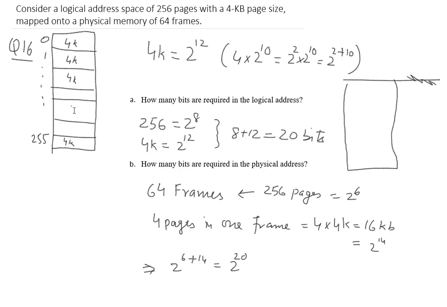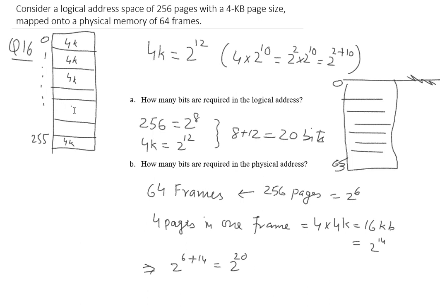Let's say these are the frames, and each frame size is whatever it is, but you have a total number of 64 frames. So this starts from 0 to 63.